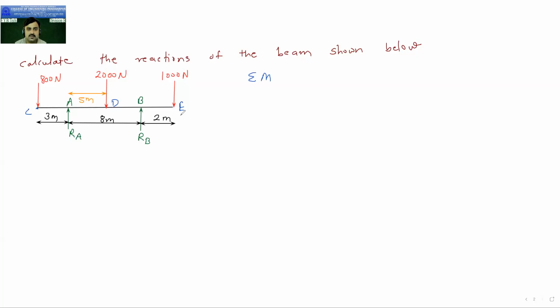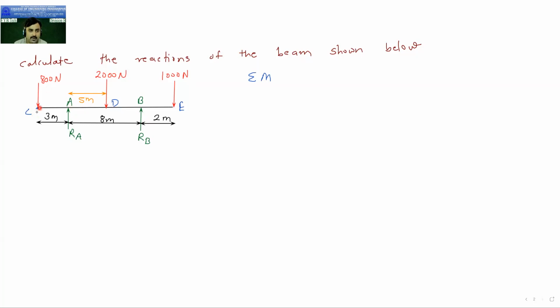Why? What is the reason? So if we take at point A, then we will get RB, or if we take at point B, then we can get RA. So see, either we should take the moment at point A or at point B. We can take the moment at point C also, but it is not useful for us.